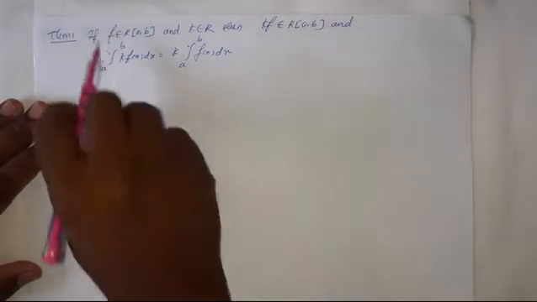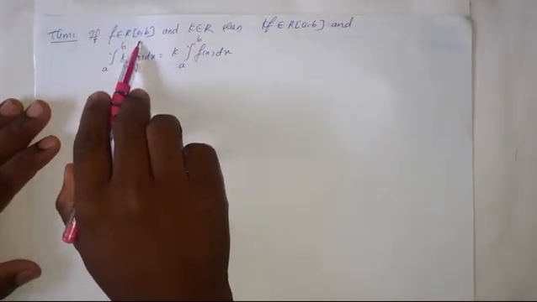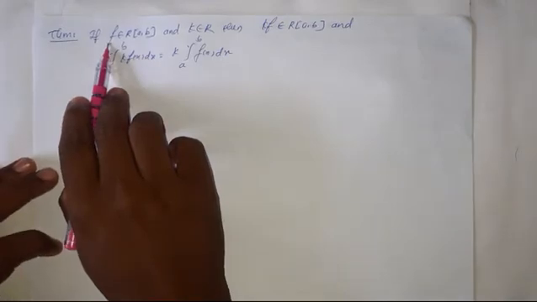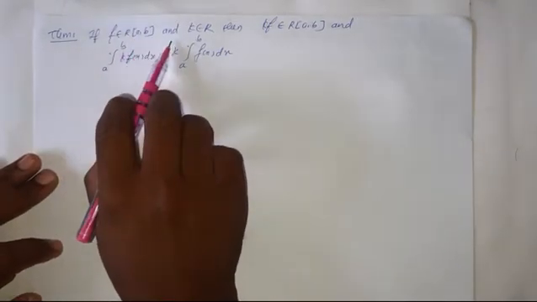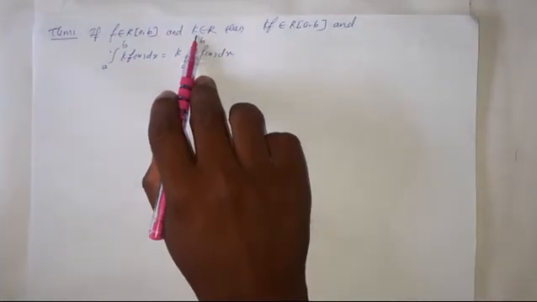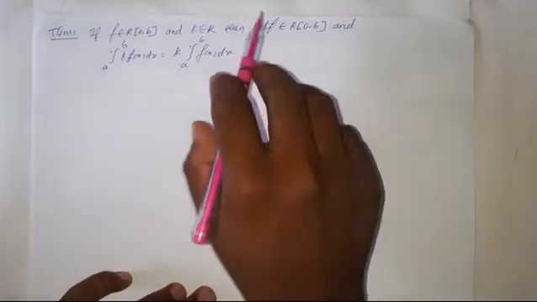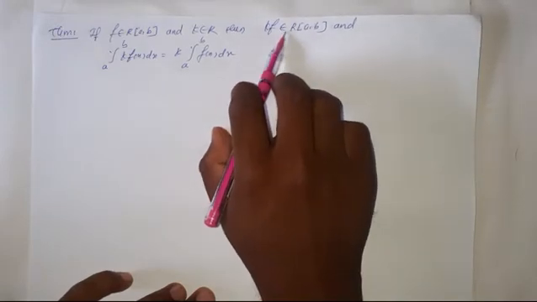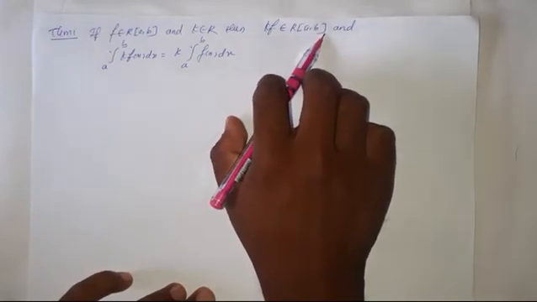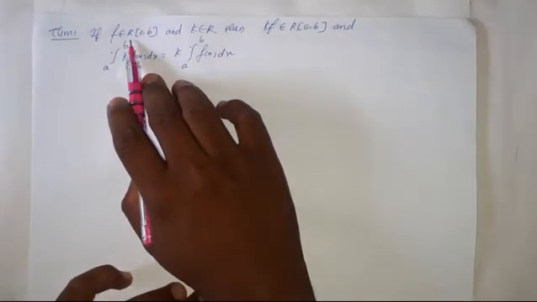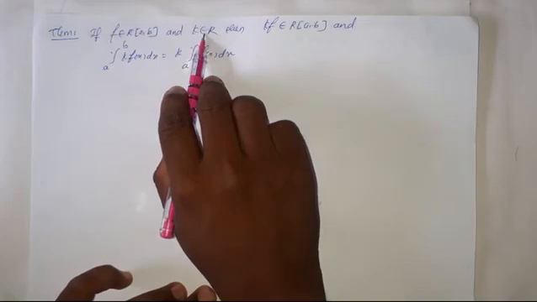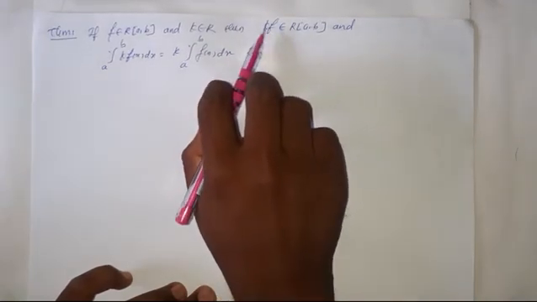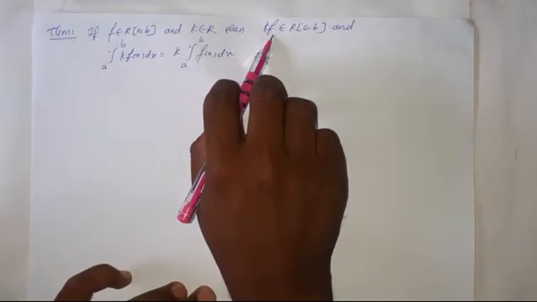In this class, let us discuss one important theorem on Riemann integral. So here is the statement of the theorem. If f belongs to R of closed interval [a, b], meaning f is Riemann integrable on the interval [a, b], and k belongs to R, meaning k is any real number, then k into f belongs to R of closed interval [a, b]. Meaning if f is Riemann integrable and k is any real number, then we need to show that k into f, that constant into the function, is also Riemann integrable.